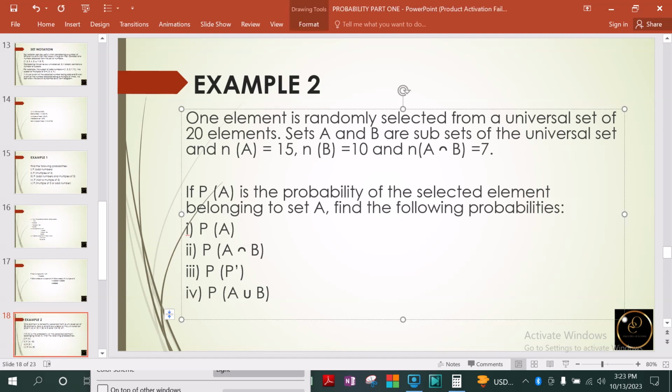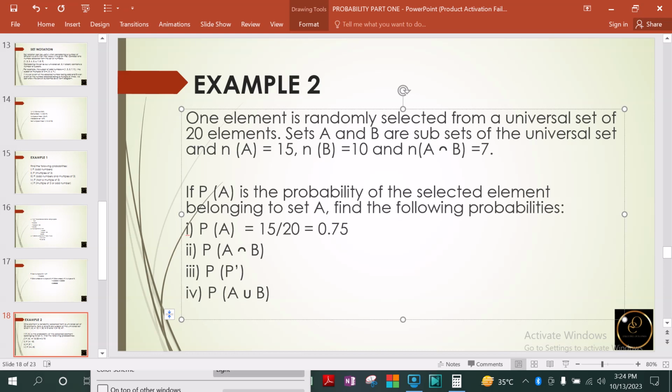In this particular case, we can just say the probability is equal to 15 divided by 20, which is equal to 0.75. Okay, there are 15 items in set A, and out of the possible 20 elements in the universal set, so that is 15 over 20, which is 0.75.